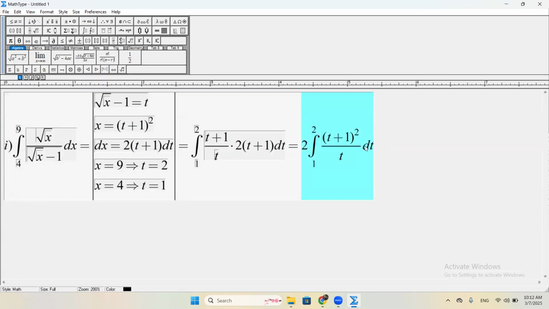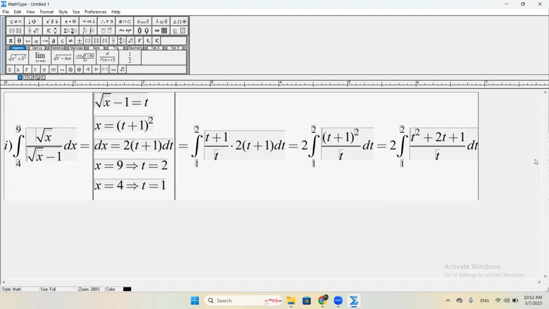Then I will expand the brackets: t squared plus 2t plus 1, over t. And now continue expanding, dividing everything by t: t plus 2 plus 1 over t, dt.